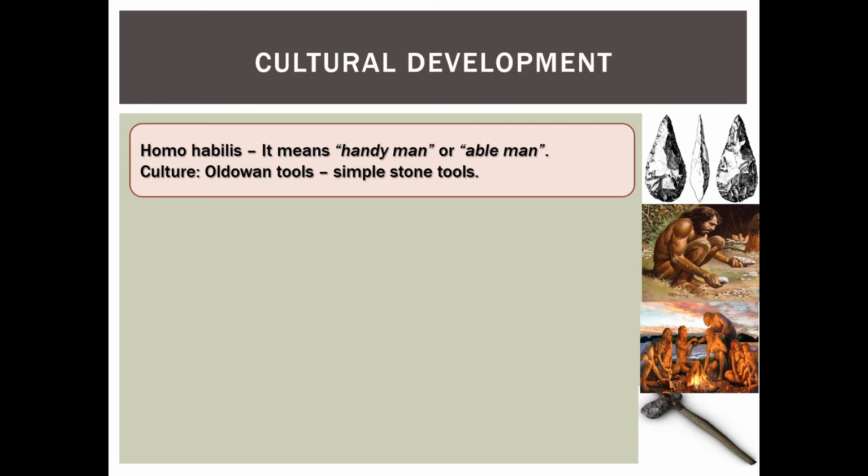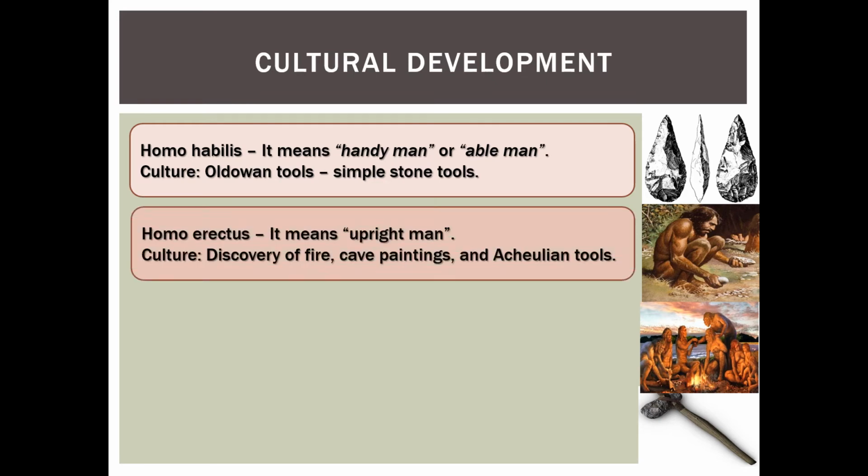Oldowan tools are simple stone tools that are interpreted to mean that Homo habilis hunted animals. So to survive in their society, they needed to hunt animals.